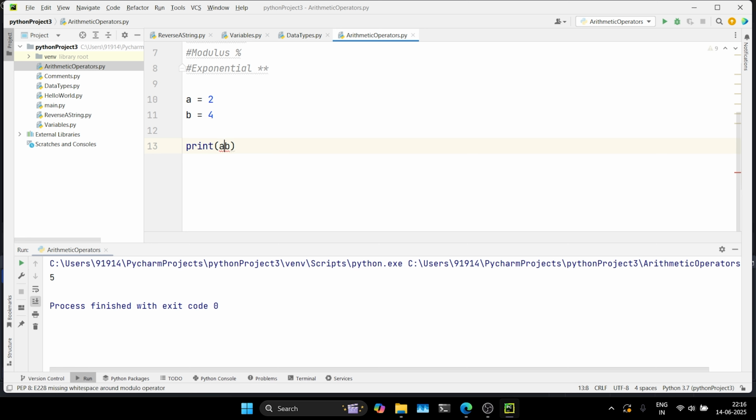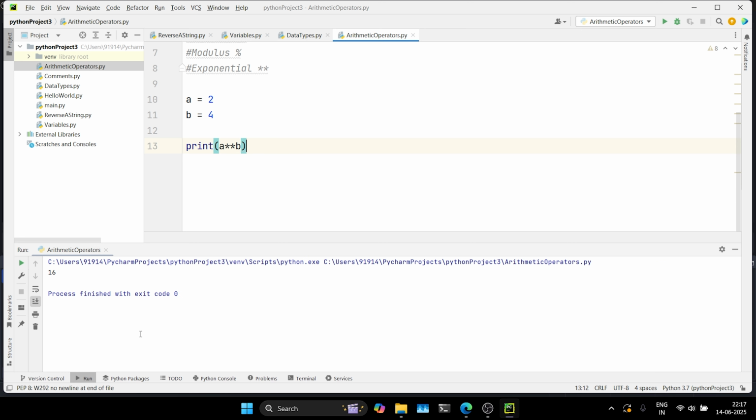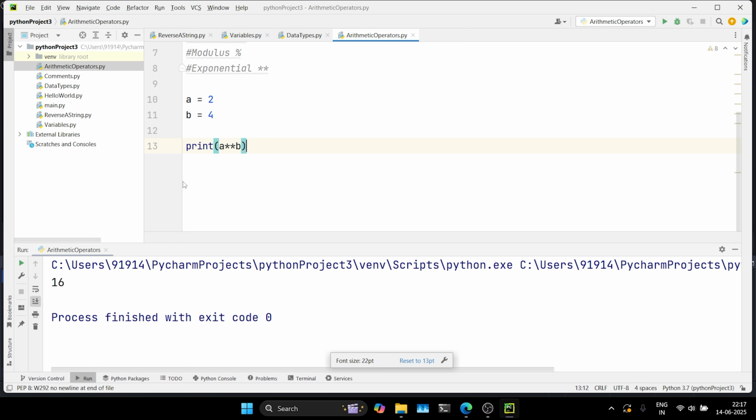Once you give this exponential operator here, it should print 16. Because 2 raised to the power 4 is 2 times 2 is 4, 4 times 2 is 8, and 8 times 2 is 16. So that's the answer, 16 here.